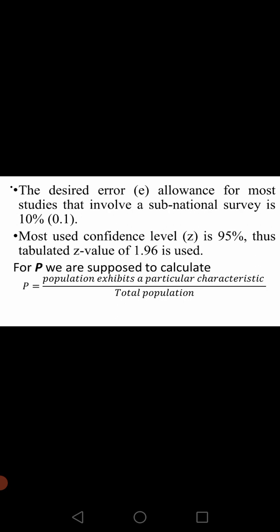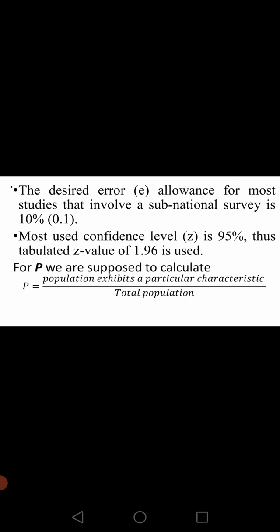So in the formula we have the population proportion, which is P, and this we are supposed to calculate. And how do we calculate it? There is no constant value for P that is general.